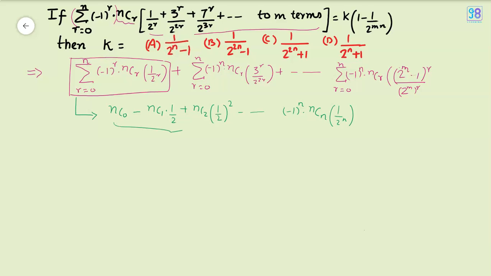If you observe closely, this expression is nothing but the expansion of (1 minus 1 by 2) to the power of n. So that will just become 1 by 2 to the power of n.